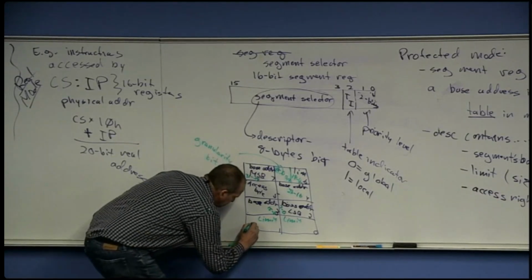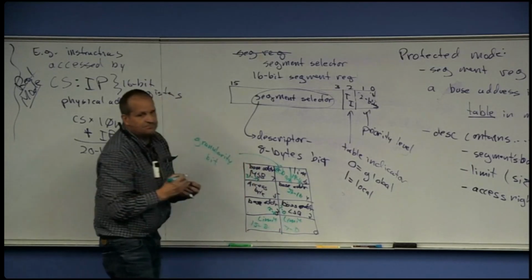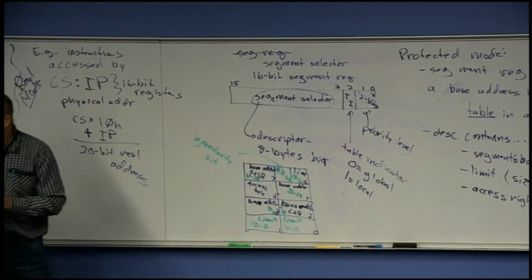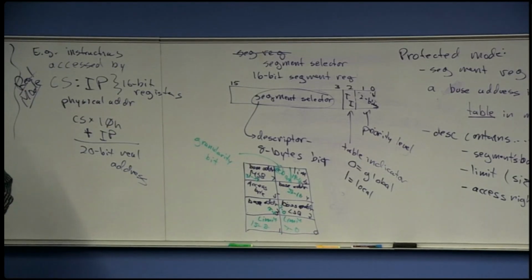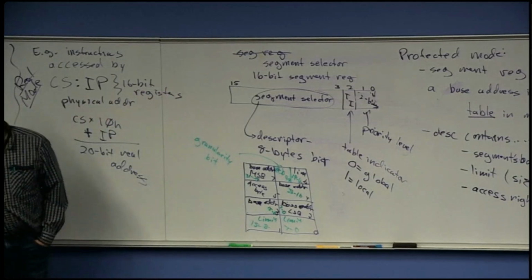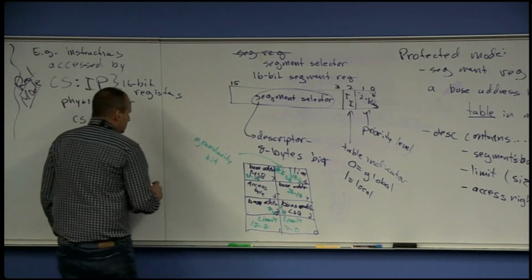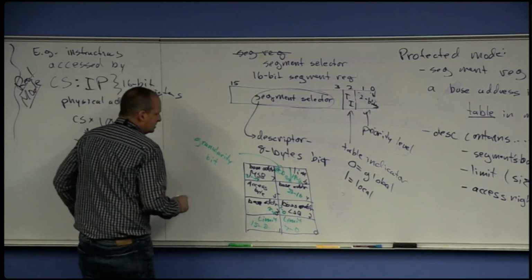No, the granularity, this is bits 15 through 8, and this is 7 through 0, right, guys? Okay. So what's up with the granularity bit? Well, the limit's 20-bit, right?